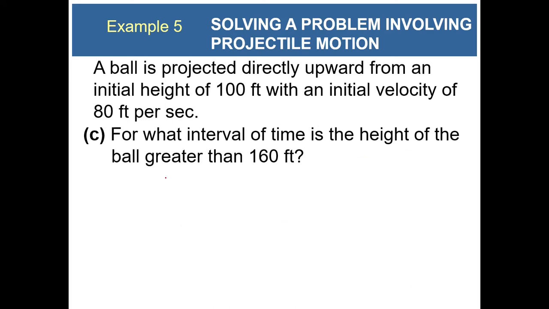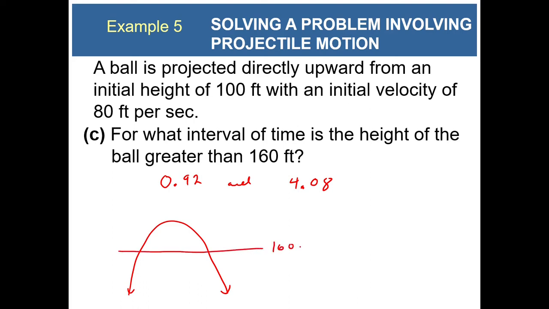So now we have our times: 0.92 seconds and 4.08 seconds. If I draw a picture of what's going on, the graph is going to be above 160 feet at two different times.